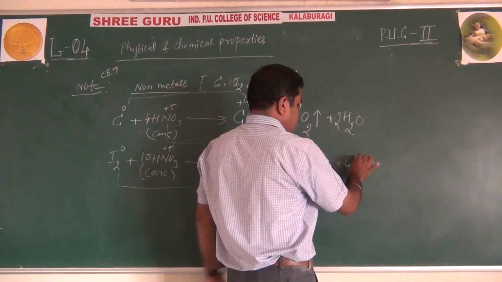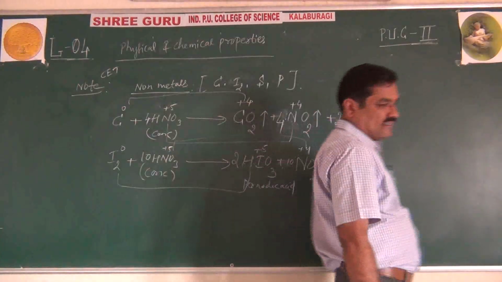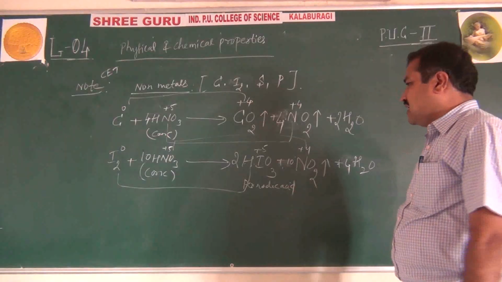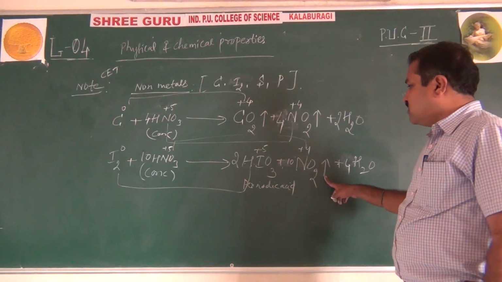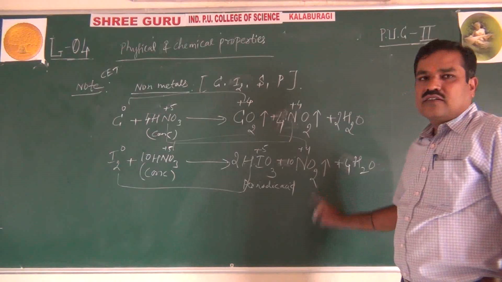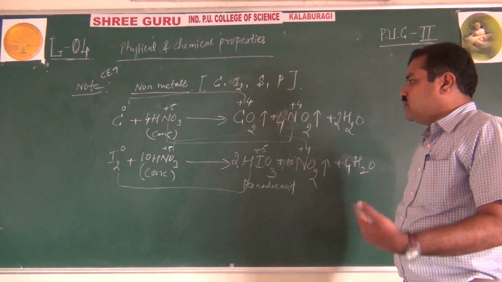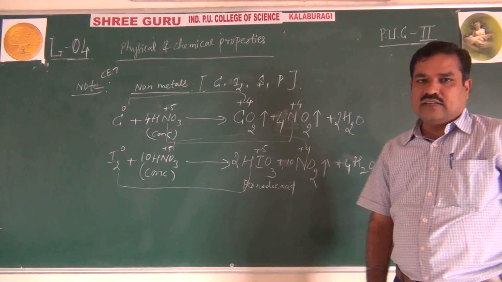This is the balanced equation for iodine, right? Iodine is oxidized to iodic acid and nitric acid reduces itself to nitrogen dioxide. Like this, it reacts with non-metals, oxidizing carbon to carbon dioxide, iodine to iodic acid. Okay?